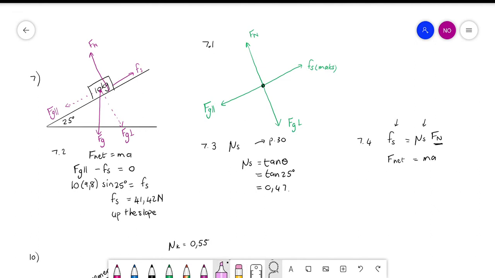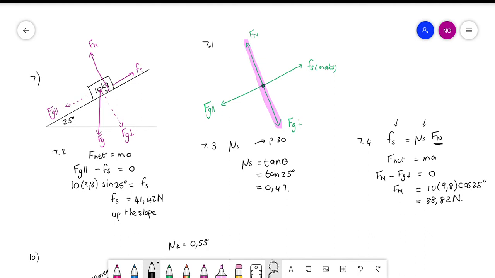Nou werk ek op hierdie as, en daai as is ook in equilibrium. So then the normal force will be equal to 10 times 9,8 times cos of 25 degrees, which is 88,82 Newton. Okay, goed, dit was dit gewees vir daai oefening.